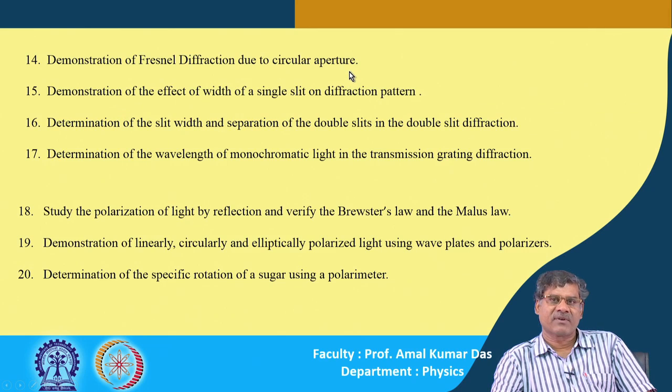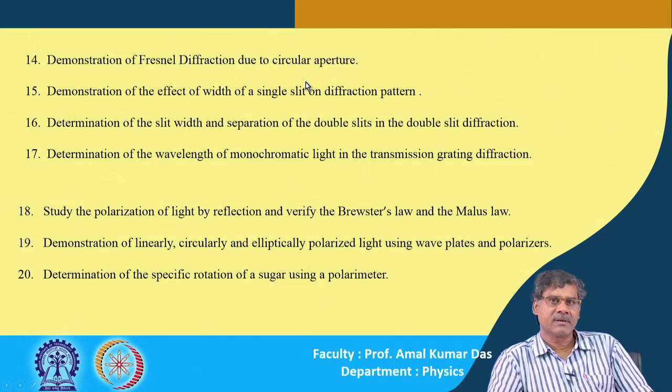Two types of diffraction are there, one is Fresnel diffraction, another is Fraunhofer diffraction. I will discuss Fresnel and Fraunhofer diffraction before doing the experiment. So, we will demonstrate the Fresnel diffraction due to a circular aperture.